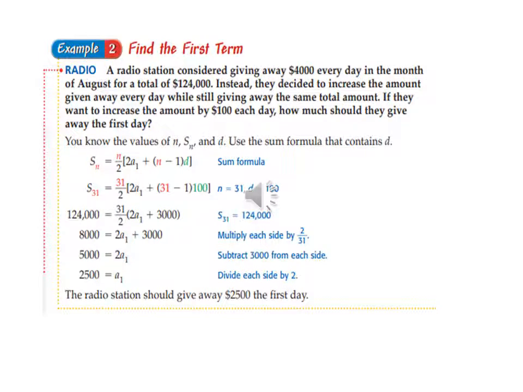Also, example number 2, find the first term. This is a second illustrative example about the arithmetic series. You can solve it by the first rule or the second rule stated in the previous slide, but you must determine a and the difference and n, and you can make a direct substitution to find what we want from the sum of an arithmetic series.